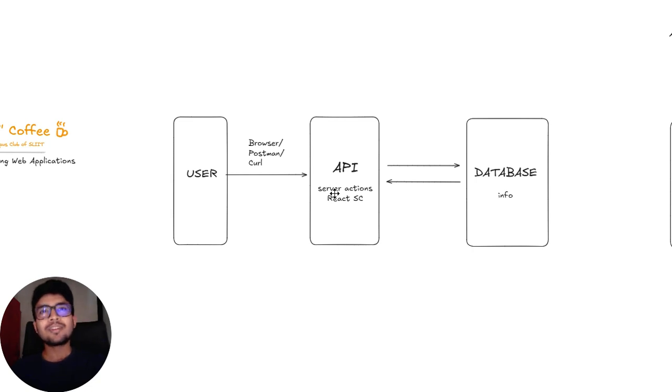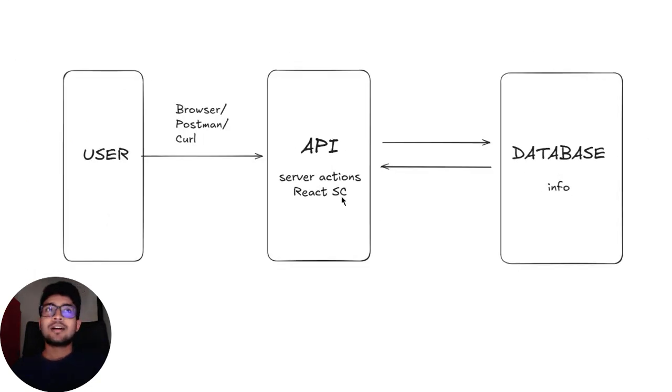Whether you're using server actions, React server components, or tRPC, they all share one goal, and that is to protect the data in the database. So when you're developing, you need to assume that anyone can hit your API.